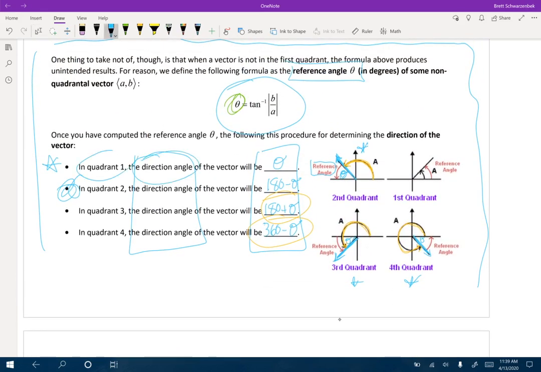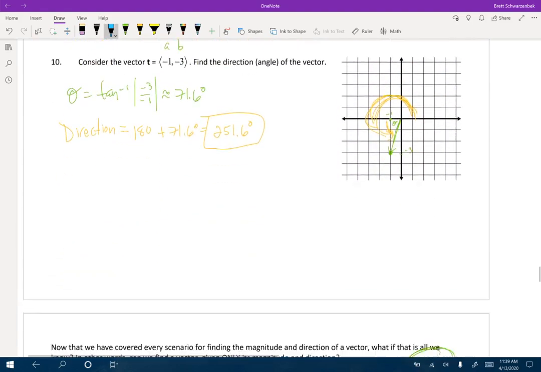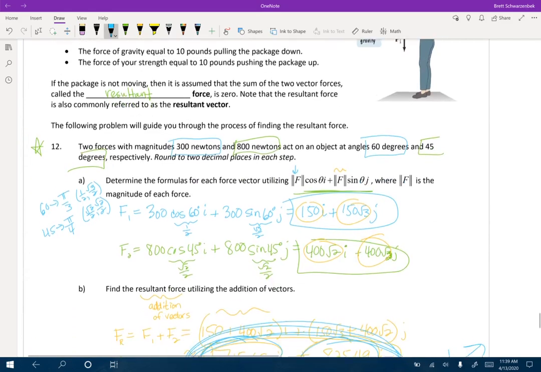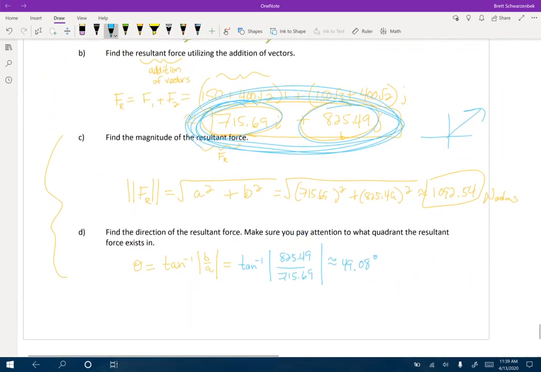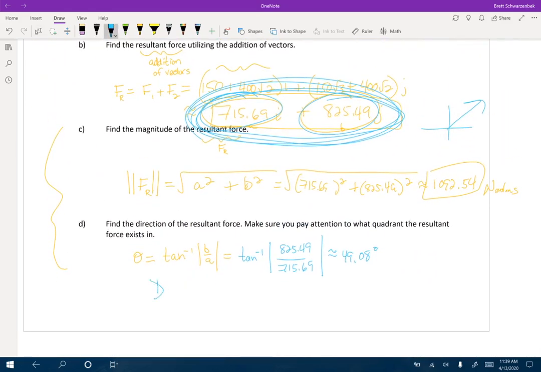It was just theta. Right? So it's this scenario, which means in this problem, we know that theta is actually our answer. So the direction angle is equal to 49.08 degrees.